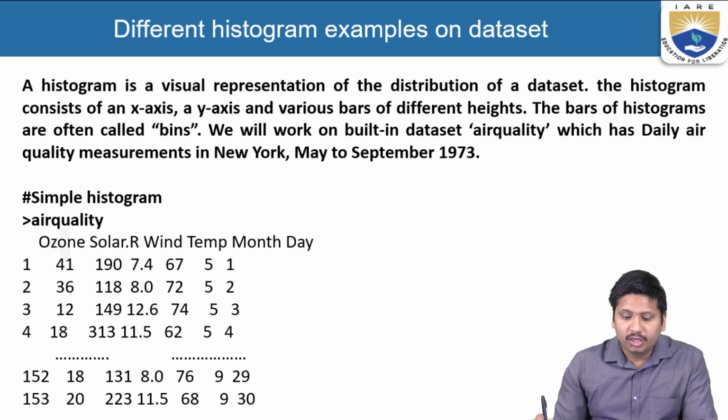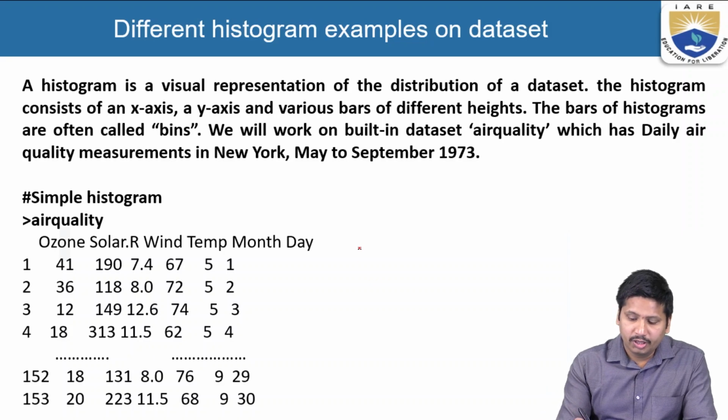Then we're going to see what a histogram is and how it is created. A histogram is nothing but a visual representation of the distribution of a data set, and it contains an x-axis, a y-axis, and bars of different heights.